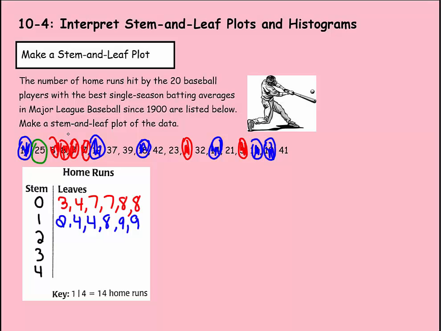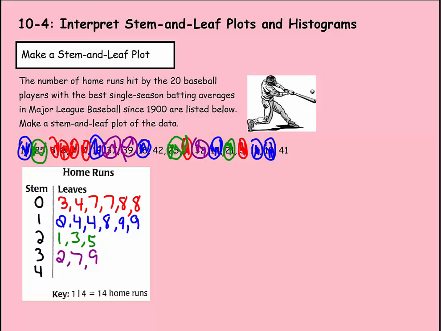So we have 25 here, we have 23 here, and 21. So starting at the lowest, that would be 21. Then a 3 for 23, and a 5 for 25. Now we're left with 30s, so we have 37, 39, 32. So 32 is the lowest here, then 37, and 39.